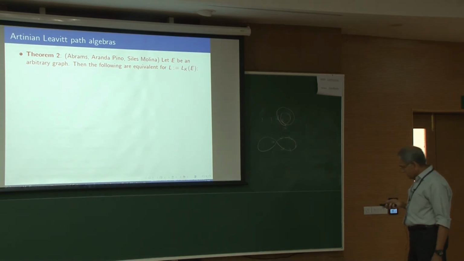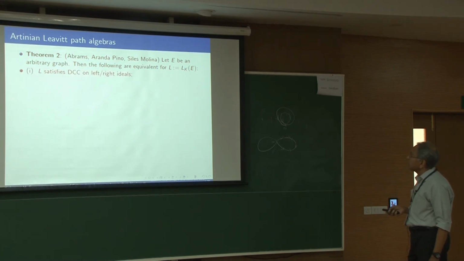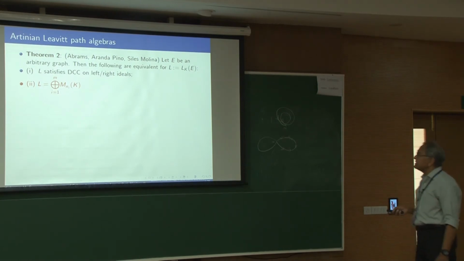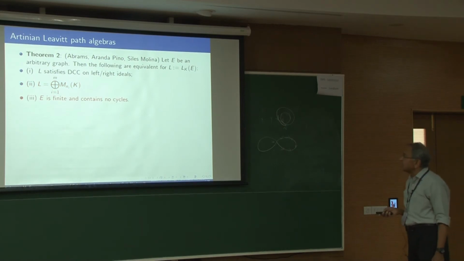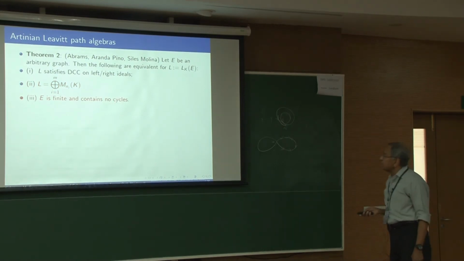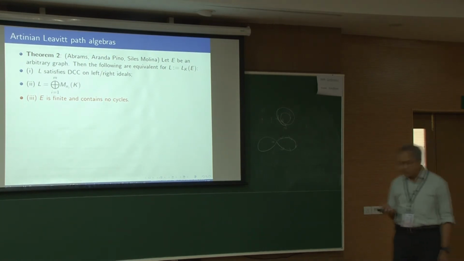Namely, suppose E is an arbitrary graph, then the following conditions are equivalent. Let's say it satisfies the descending chain condition on left ideals, then that is equivalent to saying that it's a direct sum of finitely many matrix rings, which is equivalent to saying the graph is finite and it contains no cycles here.